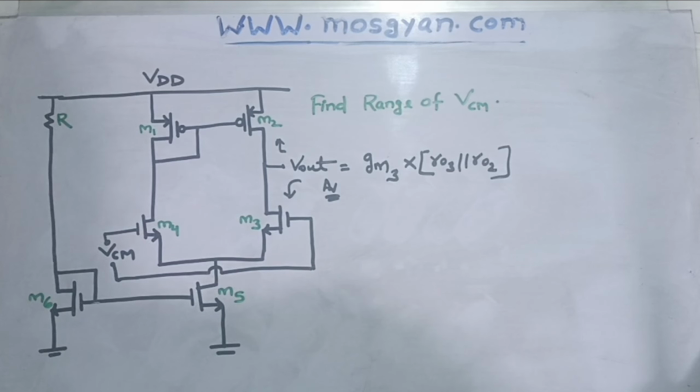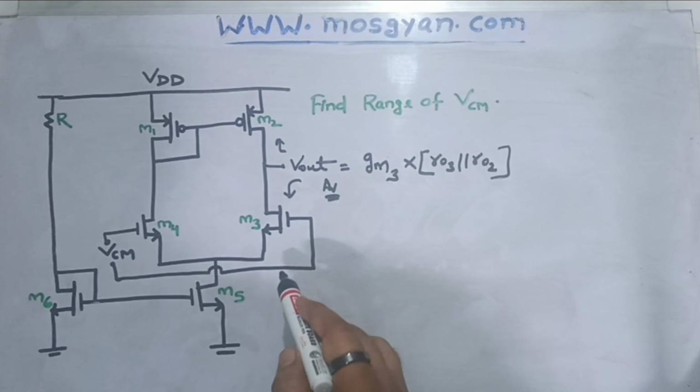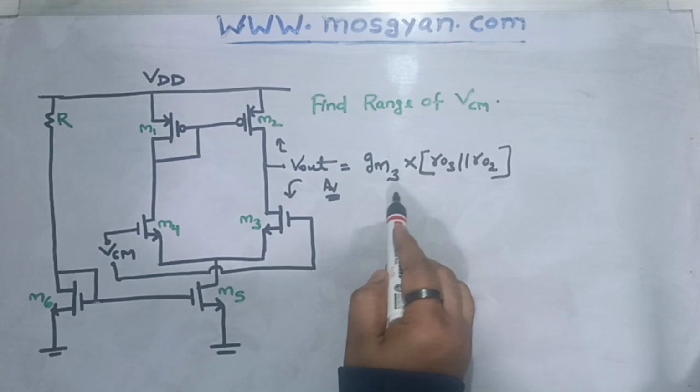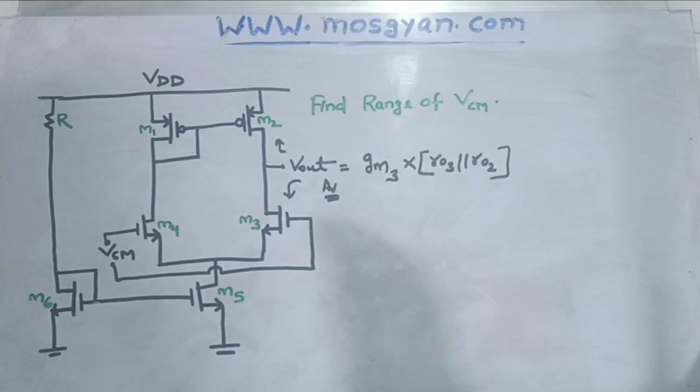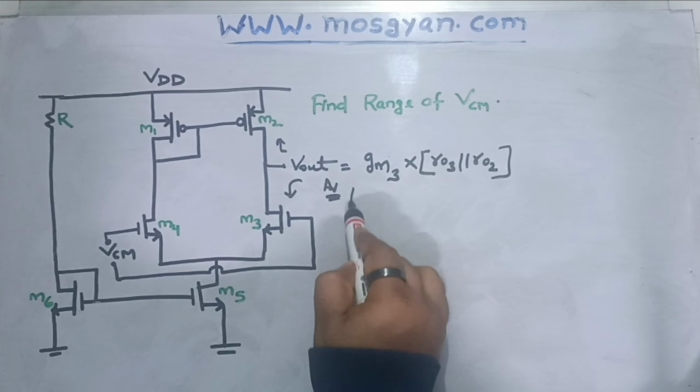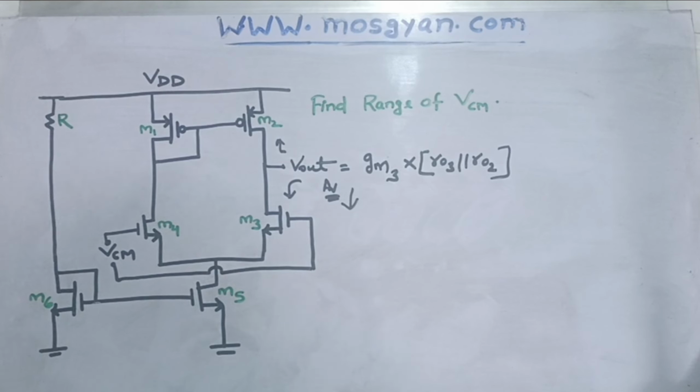So instead of being in saturation mode of operation, it will start working in linear mode of operation, and there it will behave as a linear resistor or as a variable resistance, and that will impact the performance or the gain parameter of this op-amp, because the maximum resistance which we can get from this circuit is when it will operate in saturation mode. If it starts operating in linear, we'll start seeing the drop in the gain. That's what is not desirable.